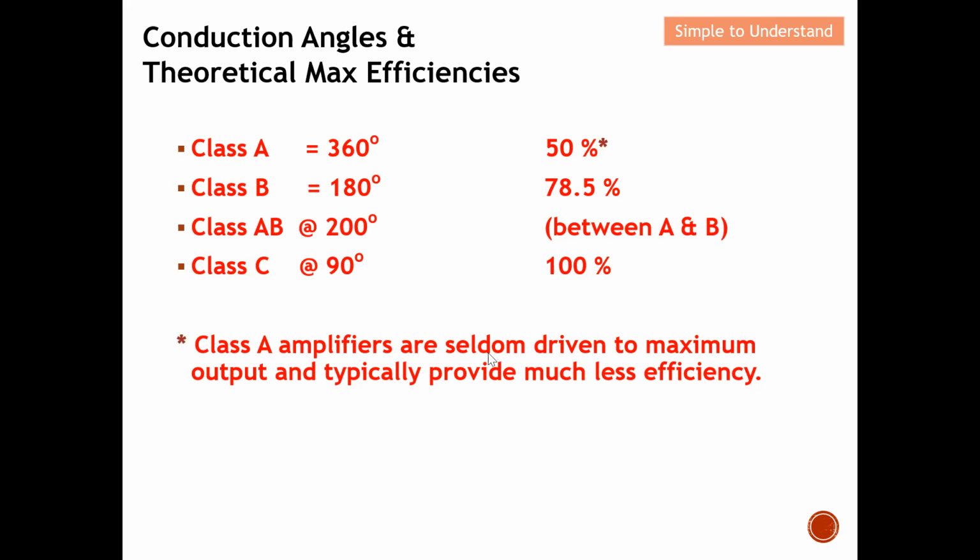Class A amplifiers are seldom driven to maximum output and typically provide much less efficiency. So from here, you can see that Class A doesn't have the efficiency, but it has the linearity. As for Class C, it doesn't have the linearity, but it has the efficiency. Basically this sums up the differences between Class A, B, AB, and C.